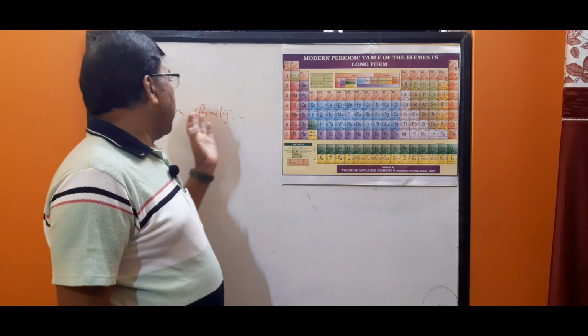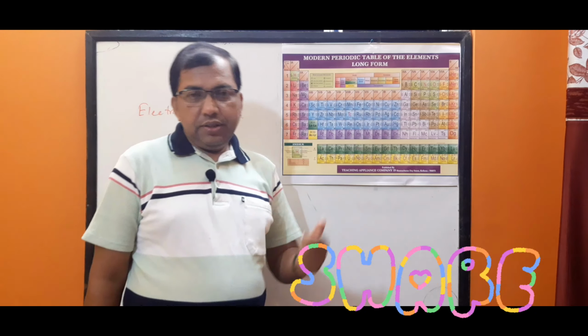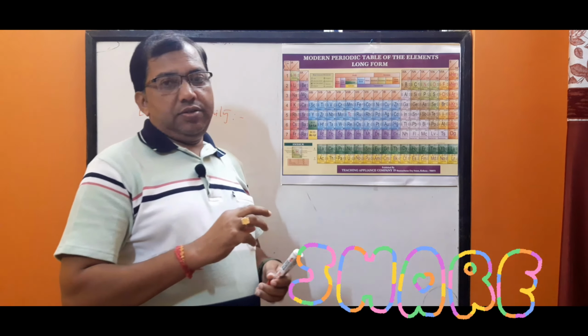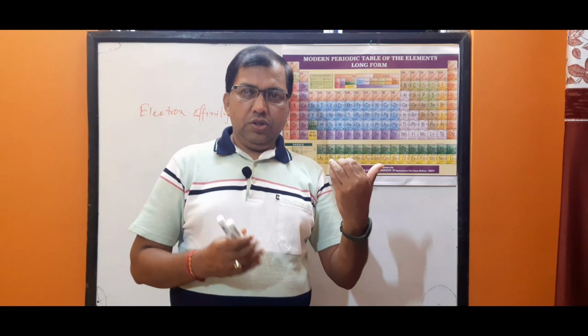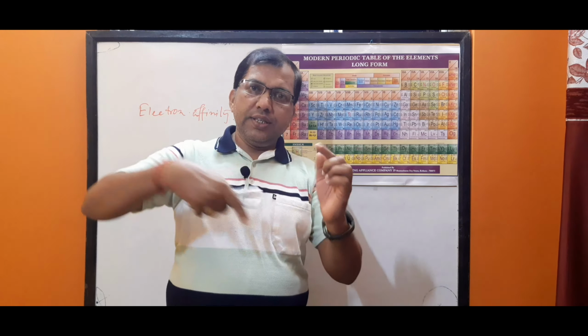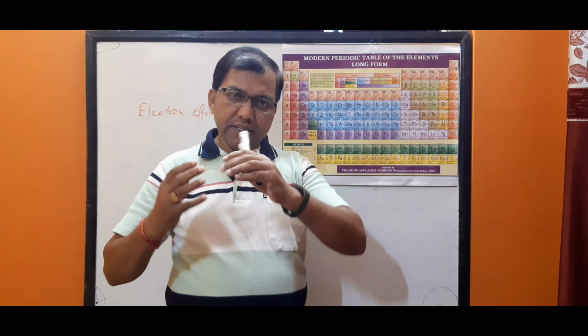Let us start the definition of electron affinity. This is the first term. So, what is electron affinity? Electron affinity is the amount of energy released when an electron is added to an isolated gaseous atom in its last shell. Okay?